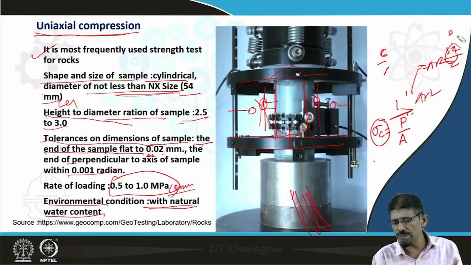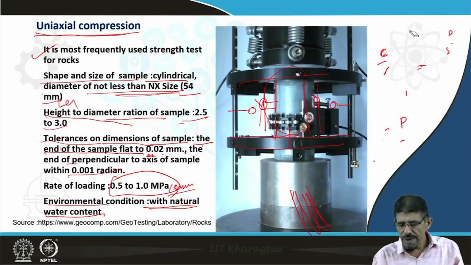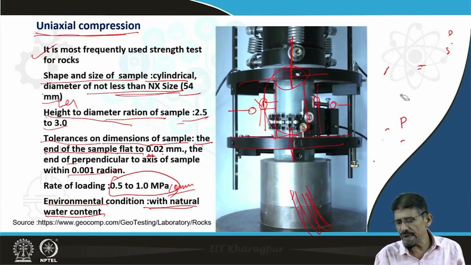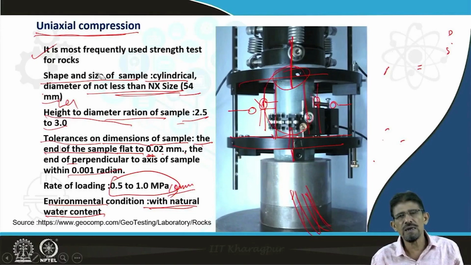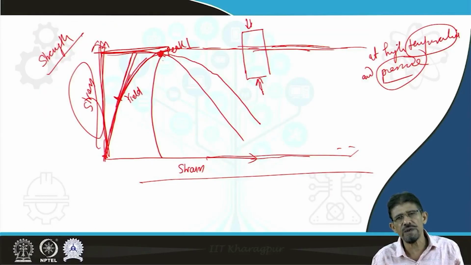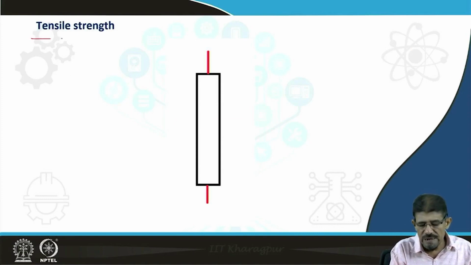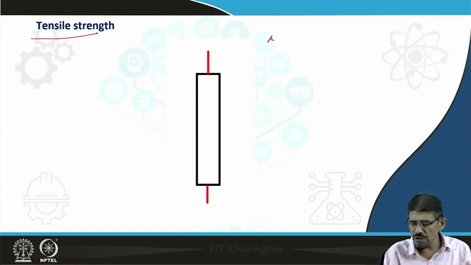Next, if we have the same system which is going to pull this sample, then the system becomes under tensile stress and strength. By using the same formula, we can say that it is a tensile strength. Tensile strength, same condition.